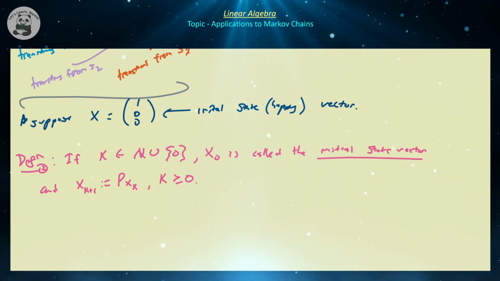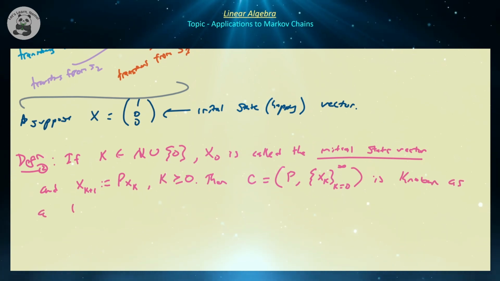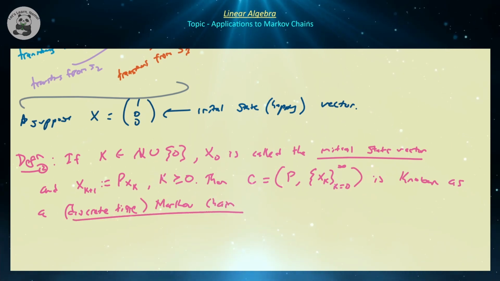So once we define this initial state vector and define this recursiveness of the states at time t equal to k, then the object defined by C, which is going to be a pair of P, a probability matrix, and the sequence x_k, where k ranges from 0 to infinity, is known as a discrete time (I'm going to put this in parentheses because we're not going to continue or discuss the continuous time case) Markov chain, a discrete time Markov chain.